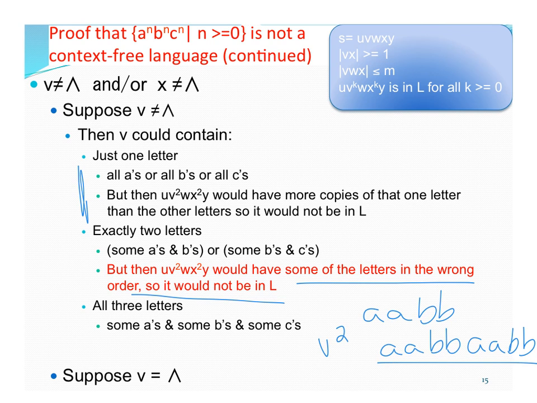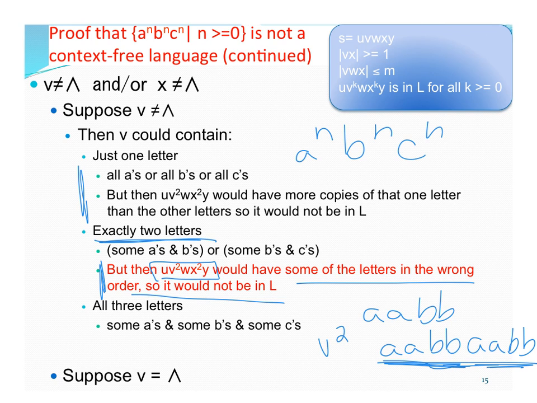And now my string isn't in my language because it's not of the form A to the N, B to the N, C to the N, where all the A's come first, then all the B's, and then all the C's, because there's some mix-up here, right? We've got some A's, some B's, some more A's, and some B's. So if it's exactly two letters, then this string, after I pump it, would have some of the letters in the wrong order, so it's not in L.